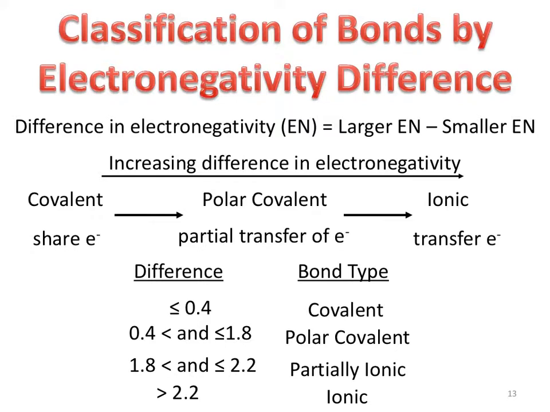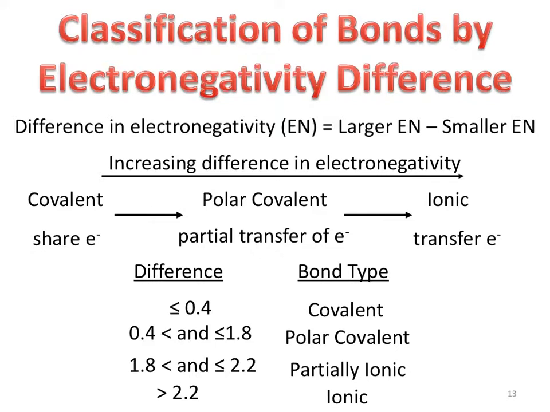If the difference is less than or equal to 0.4, then we're going to call that a covalent bond or a non-polar covalent bond. When we get to 0.5 and up to and including 1.8 in our difference, those are polar covalent with increasing polarity as the difference gets larger.